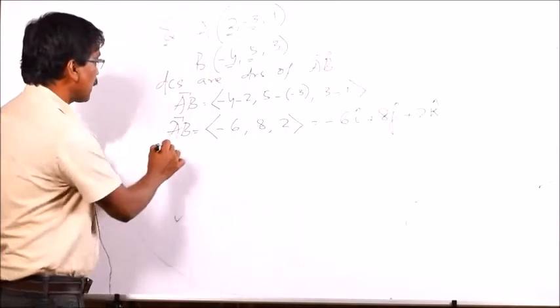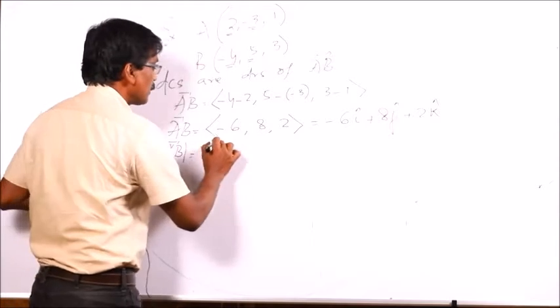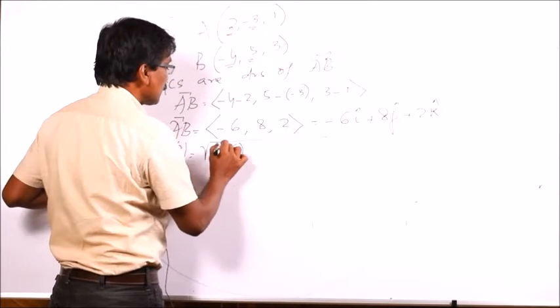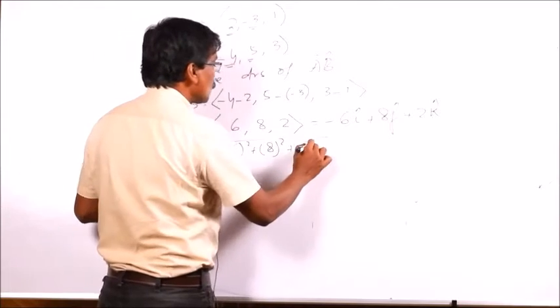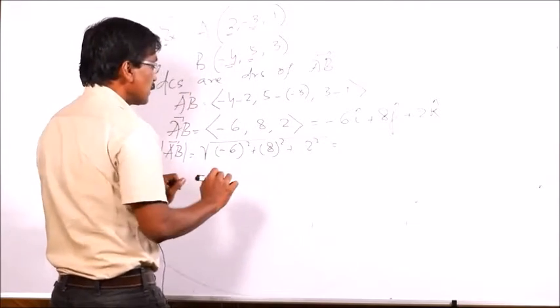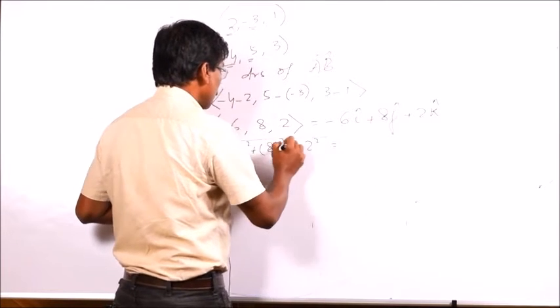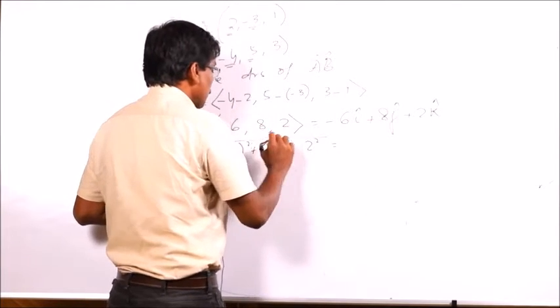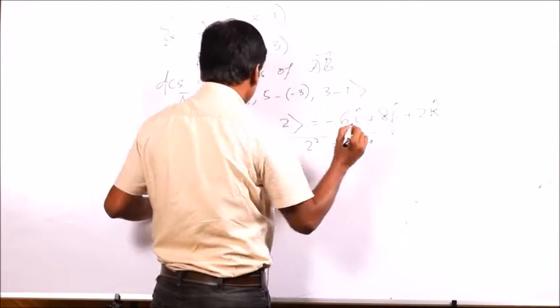So AB vector magnitude is nothing but root over of -6 square plus 8 square plus 2 square, which is nothing but 36 plus 64 plus 4, that is root over 104.